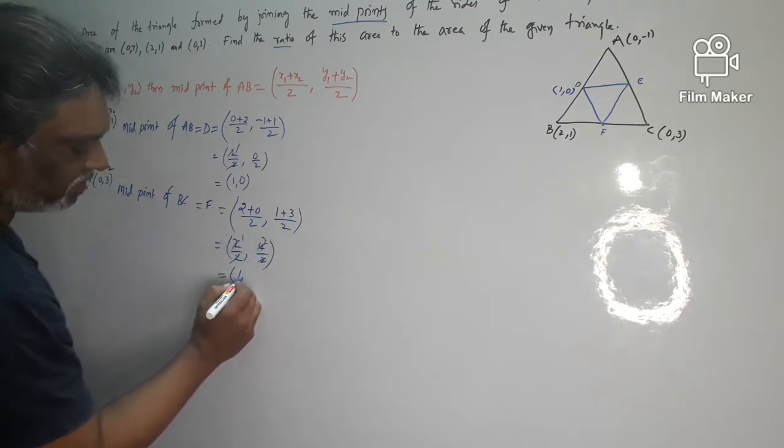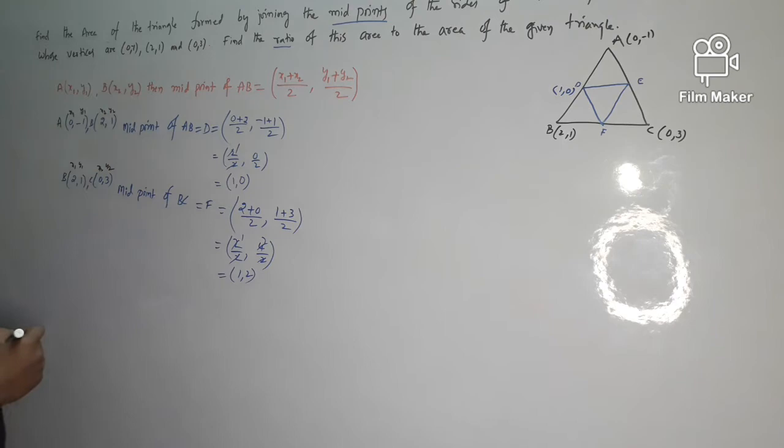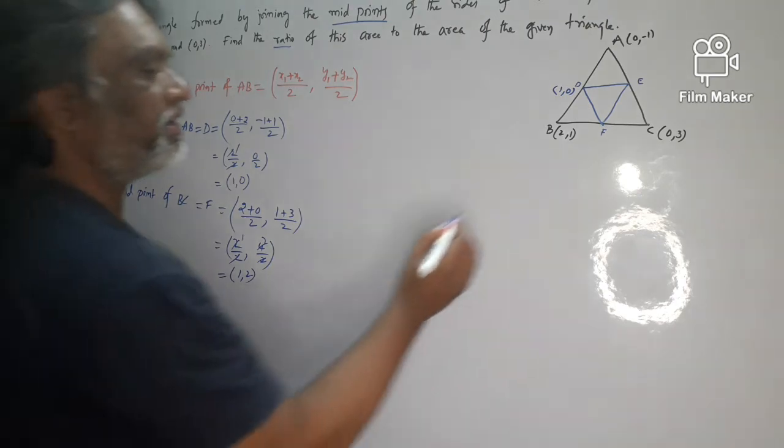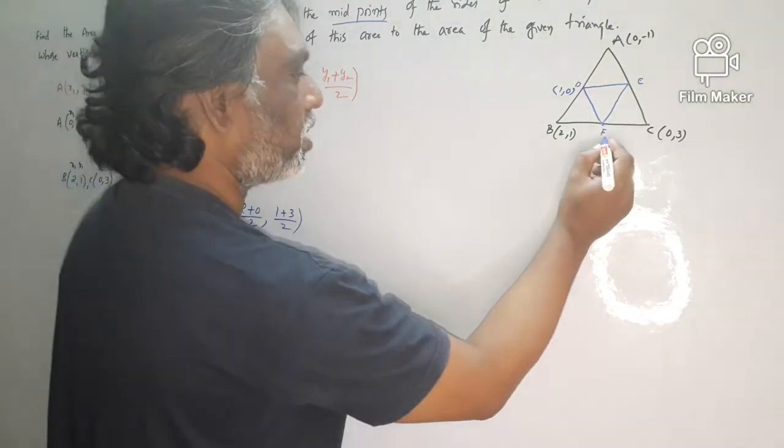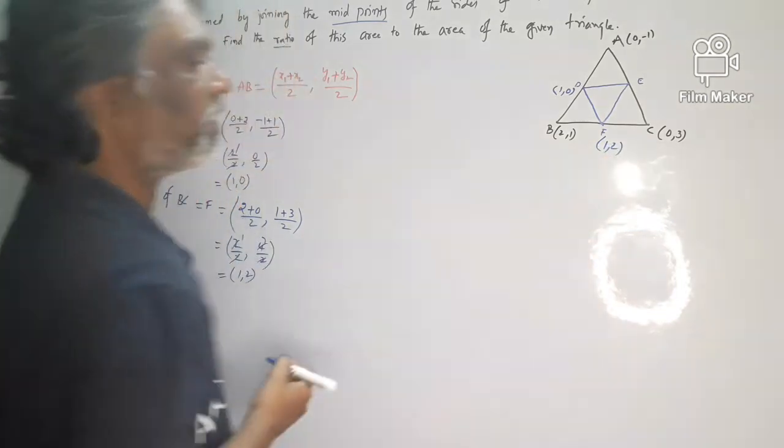So we get (1, 2) as the midpoint of BC. F is (1, 2).